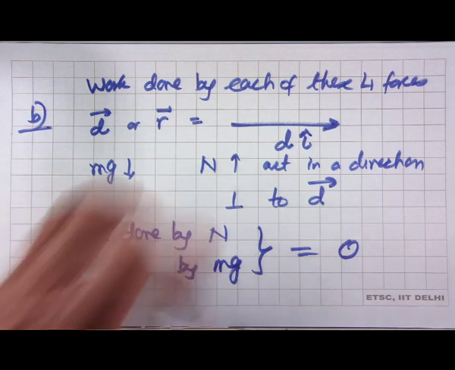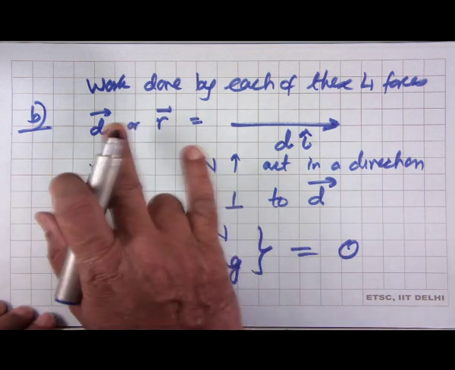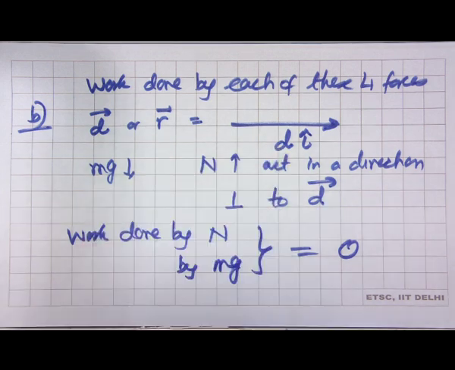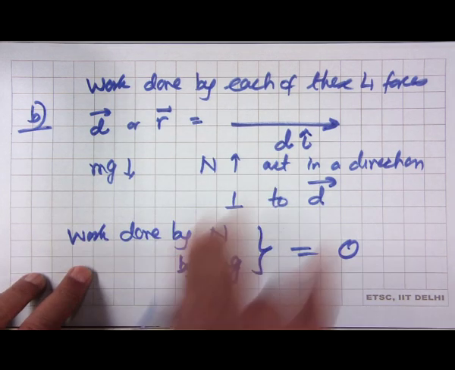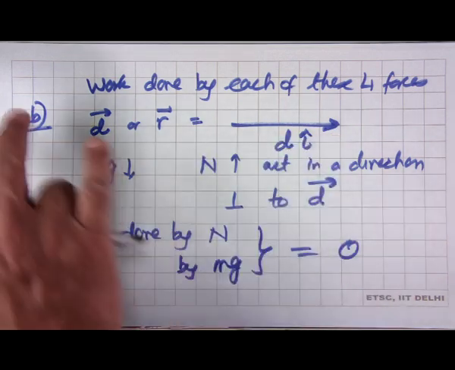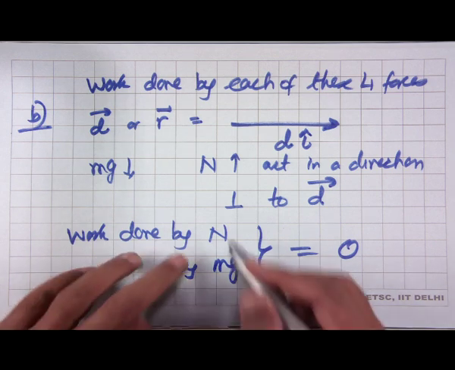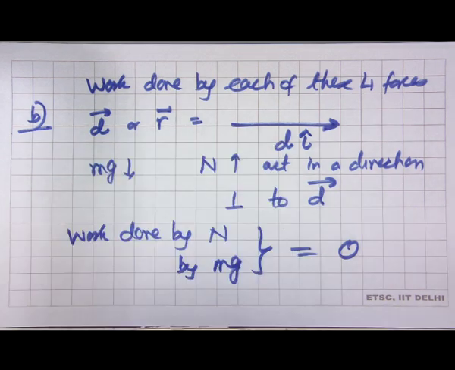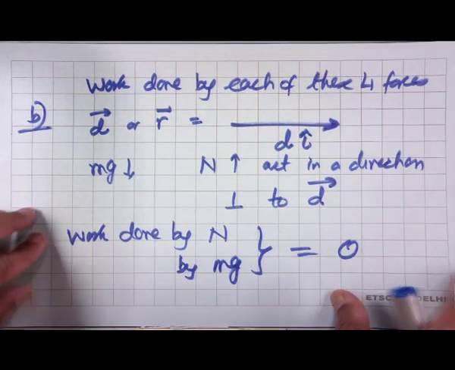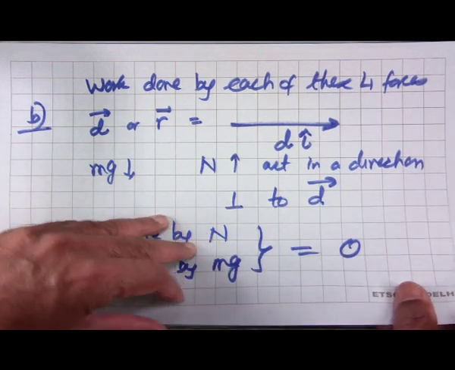Now, notice this work done depends on the dot product of force and the displacement. So, once we are trying to calculate the work done, we look at the particular force and the displacement, which will stay the same for all the 4 forces. Because these 2 forces are perpendicular to d, the work done by these 2 forces individually is equal to 0.